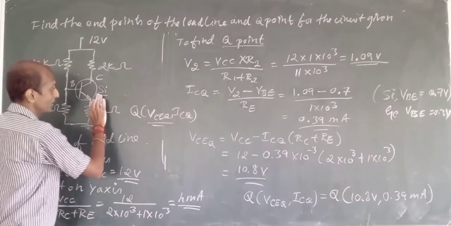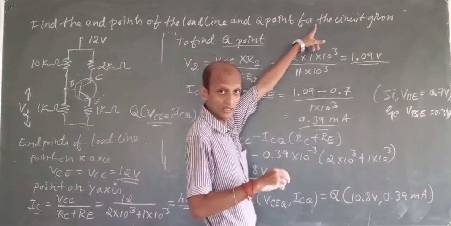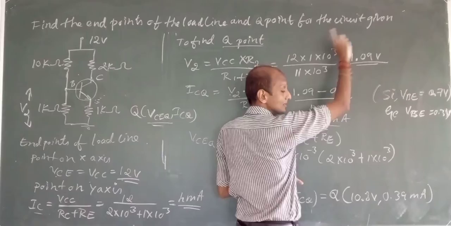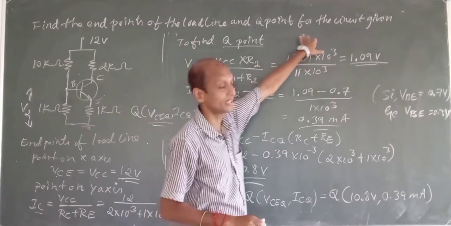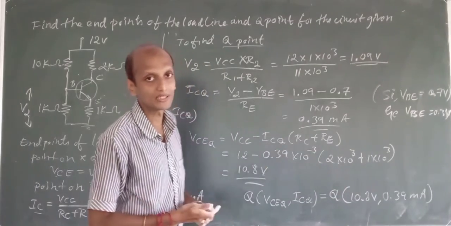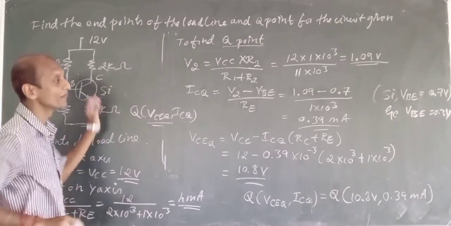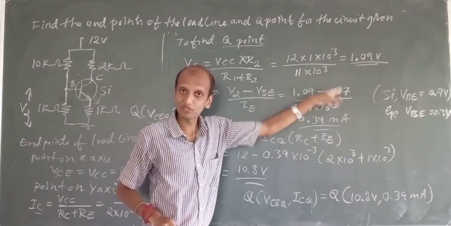If it is not given in the circuit, they will mention in the question itself that the given circuit has a silicon transistor. So then I have to take the VBE value as 0.7 volts.